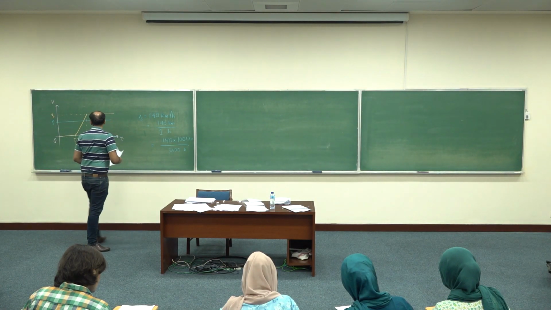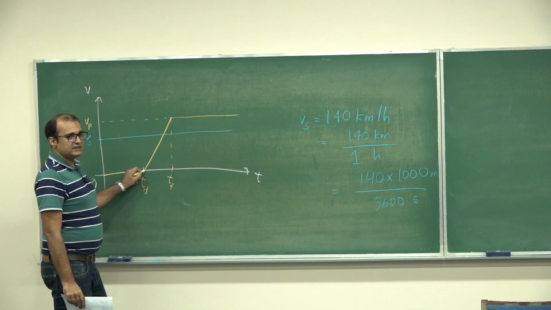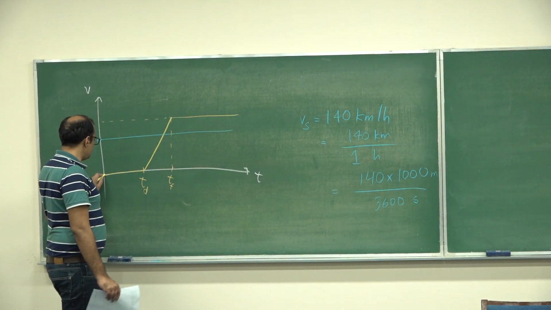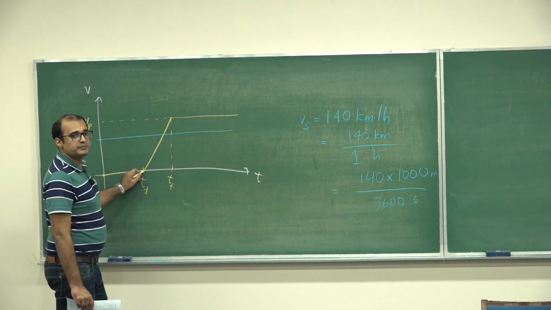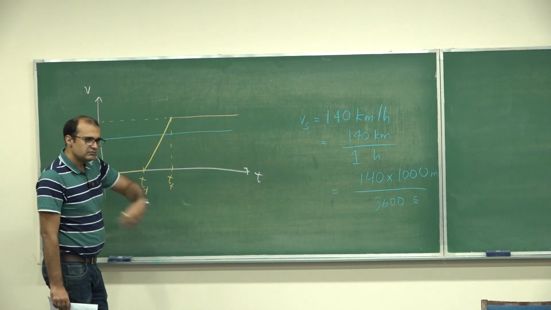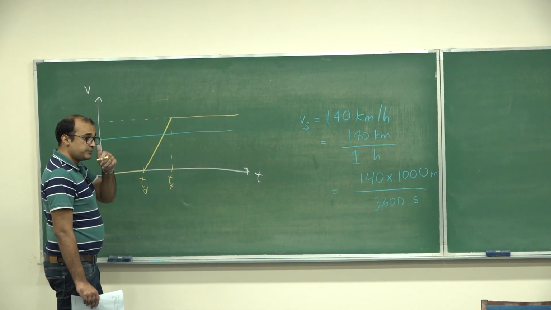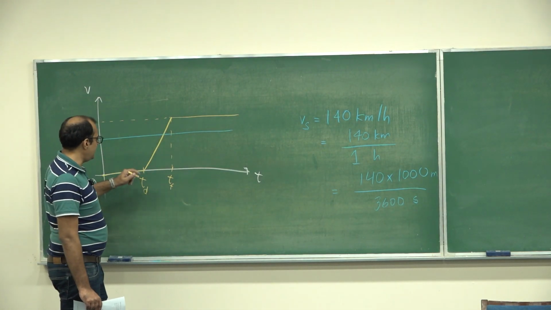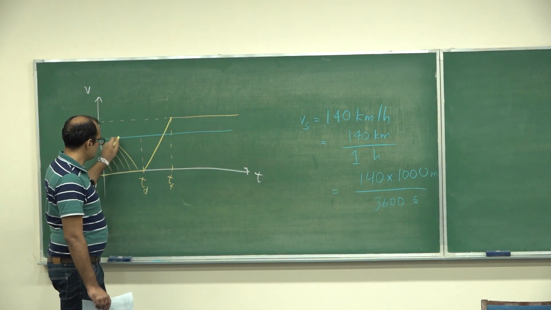So the police cruiser starts at this time. During this time interval, of course, they were parallel to each other at this time. But during this time, the police cruiser remained at rest, but the overspeeder just kept on going. So the distance by which the speeder is ahead essentially is the area, this area.